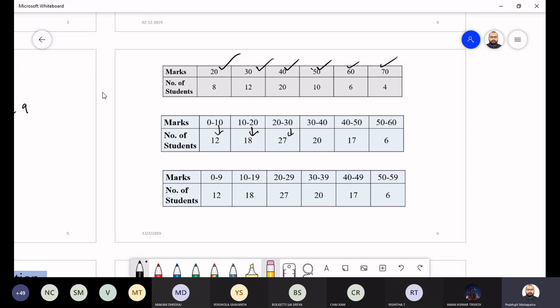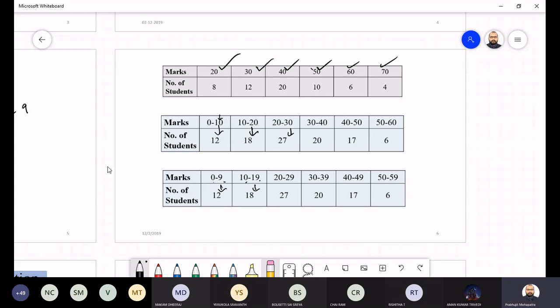Similarly, you can have another type, not in the usual interval form, where there is no common point. Here 10 is ending and again 10 is starting. Here it is 0 to 9, and the next is 10 to 19, so no common point is there. This type we can also have.